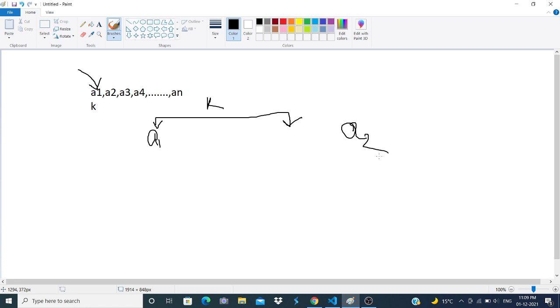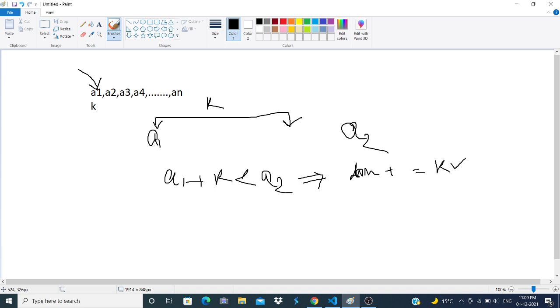So if a1 plus k is lesser than a2, then we know that I just gave my dragon k units of damage, right. So in that case my damage will be incremented by k.